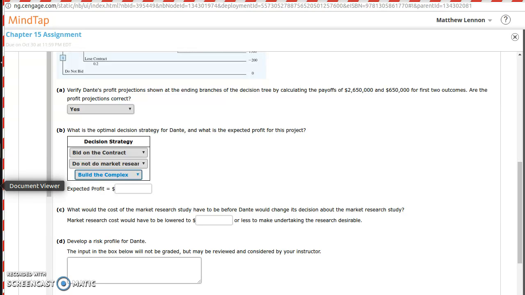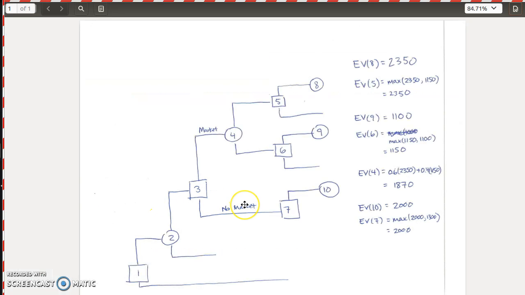So in this scenario, what's the expected profit here? The way we get the expected profit is, remember, we calculate our expected value for node 1, which means we do the computation under the optimal strategy, which has an expected value of 2,000 if we come out at node 10.